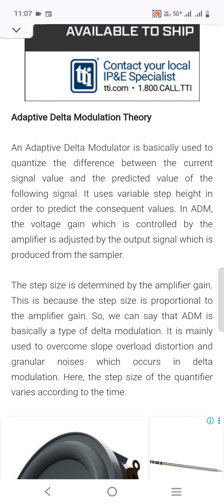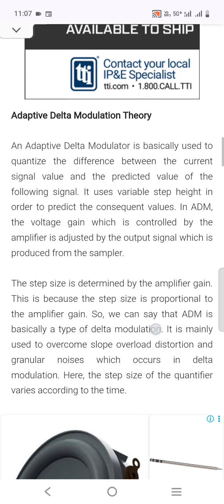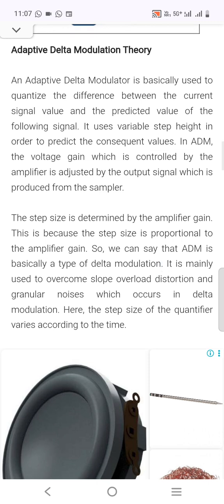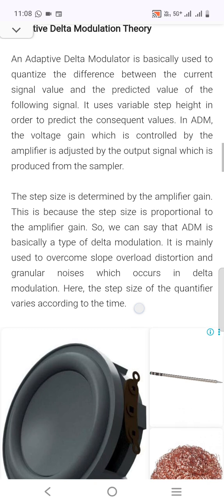Adaptive delta modulation theory. An adaptive delta modulator is basically used to quantize the difference between the current signal value and the predicted value of the following signal. It uses a variable step height in order to predict the consequent values. In ADM, the voltage gain, which is controlled by the amplifier, is adjusted by the output signal produced from the sampler.